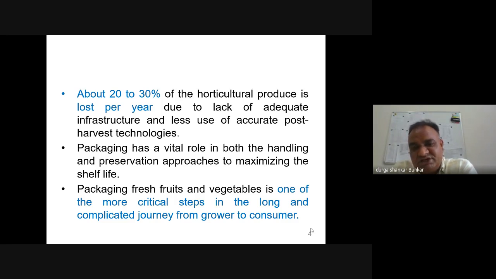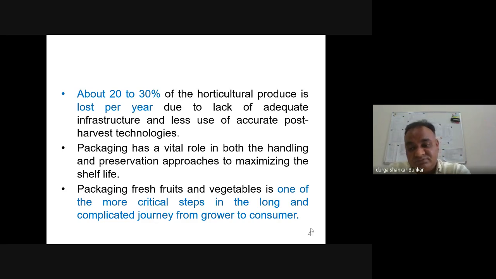Definitely it is a great output for our global scenario in fruit and vegetable production, and we can enhance our profit, starting with our farmers, because the farmer is the initial unit of producing fruit and vegetable.